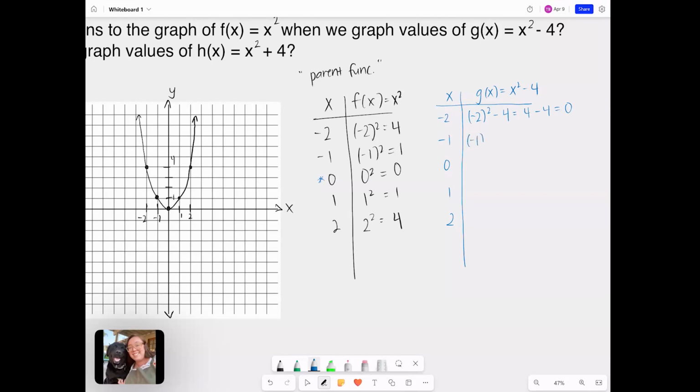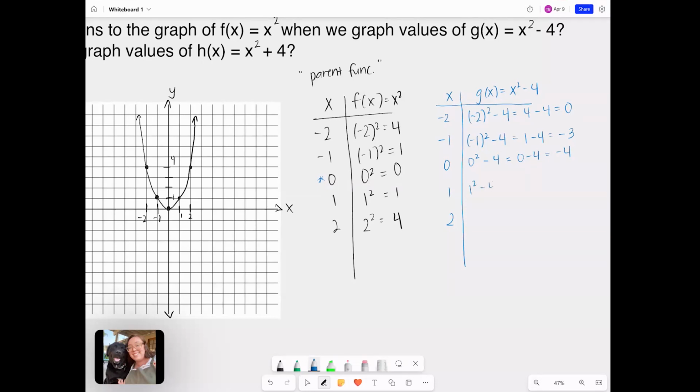Again, -1 squared minus 4 is 1 minus 4, which is -3. 0 squared minus 4. Well, that's just 0 minus 4, so -4. Getting a lot more negatives than we got before. Let's see what else we've got.